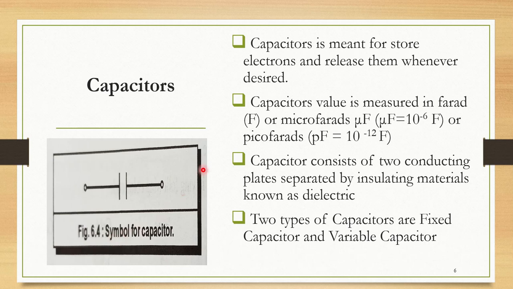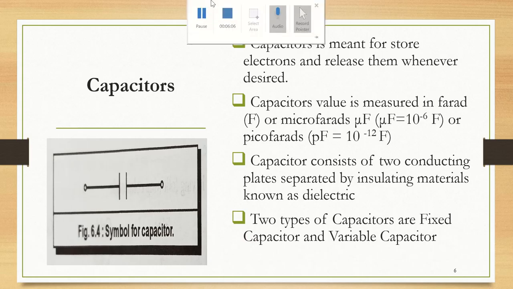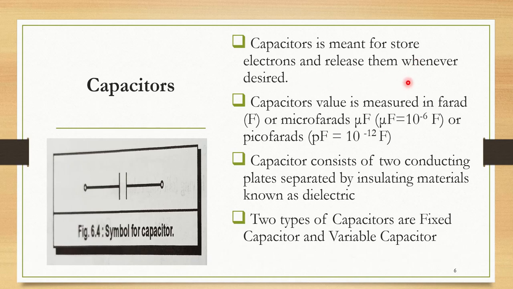Now you see the capacitor. What is a capacitor? A capacitor is meant to store electrons and release them whenever required. It looks like this. This is one plate, this is another plate, with some dielectric, I mean some insulator.